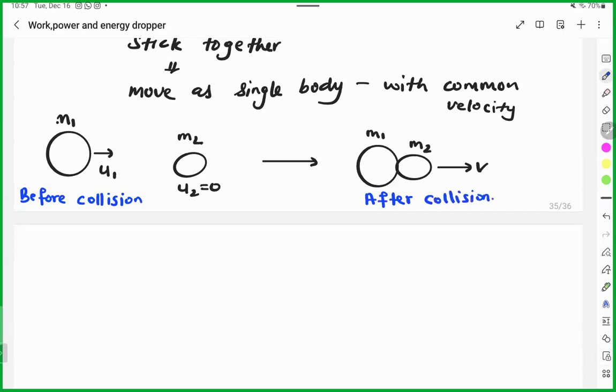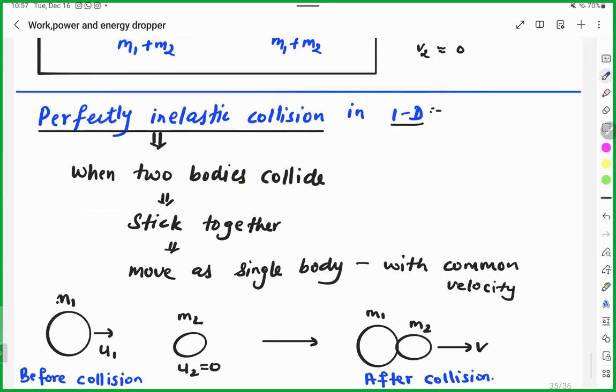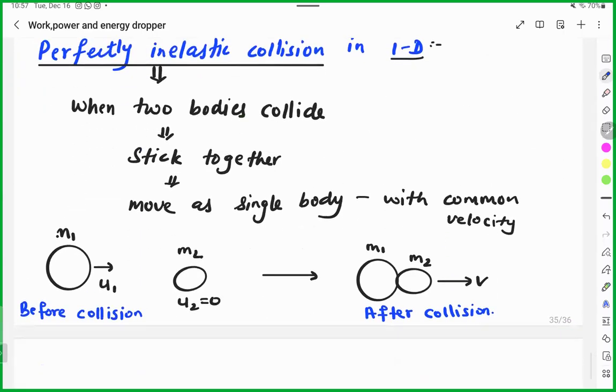Because trust me, if you understand this, 90% of the job is done in inelastic collision. You have two bodies, they stick together and they move with a common velocity. Because here you have a common velocity, and also one body is not moving initially. Understood? Initial velocity is 0 for one of the bodies.